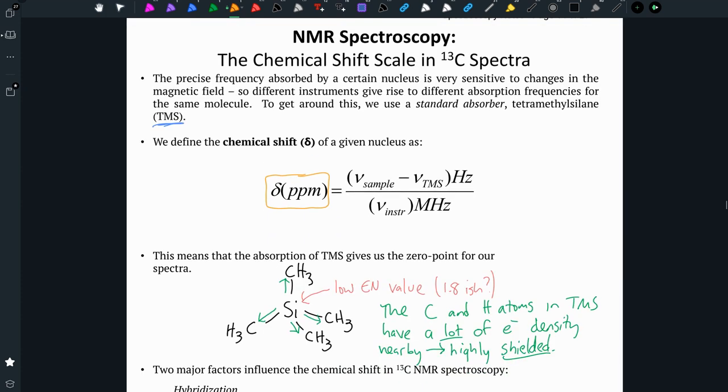We define chemical shift as the frequency absorbed by the sample minus the frequency absorbed by TMS divided by the frequency of the magnet in the instrument. So this is the magnet strength. And this is the difference between our sample and TMS.